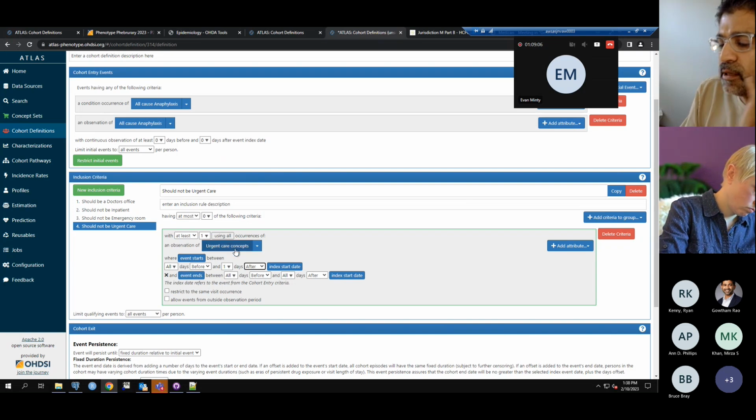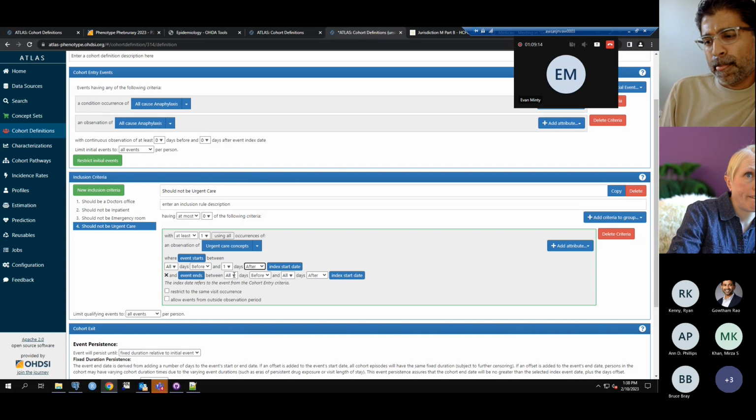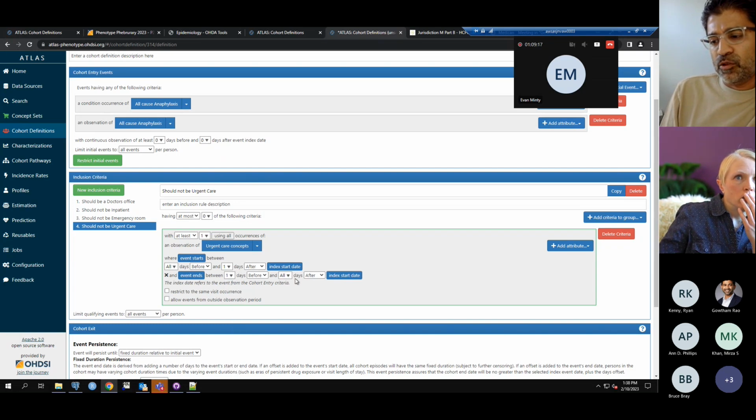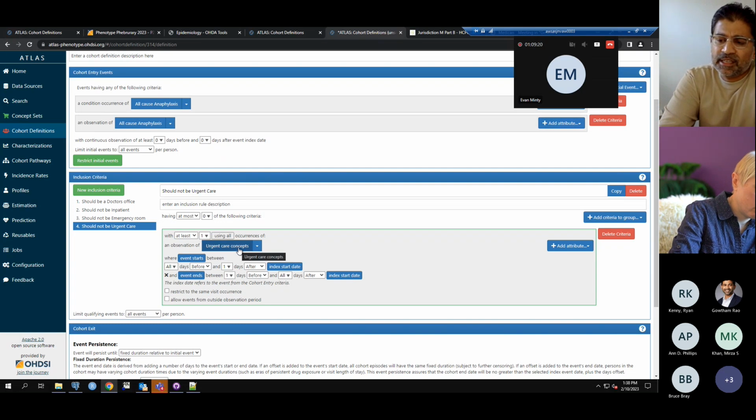And event ends, now we're talking about this, event ends in relation to that. So it should end 1 day before to all days after. So if somebody receives any of these urgent care, emergent care codes in a period in relation to this, that's either 1 day before or 1 day after.